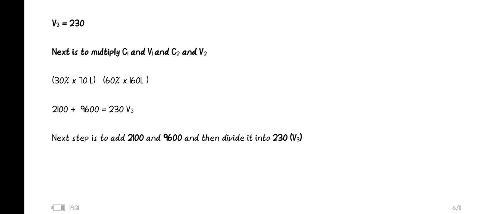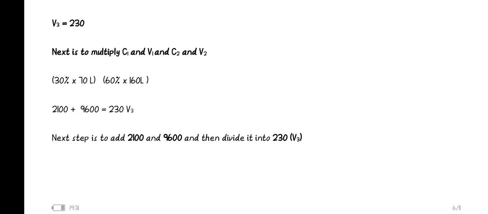30% times 70 liters plus 60% times 160 liters. So 30% times 70 liters is 2,100, while 60% times 160 liters is 9,600. So 2,100 plus 9,600 is equals to 230 times V sub 3.